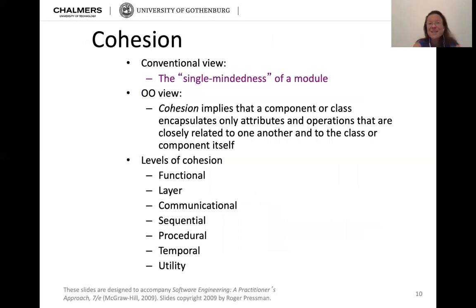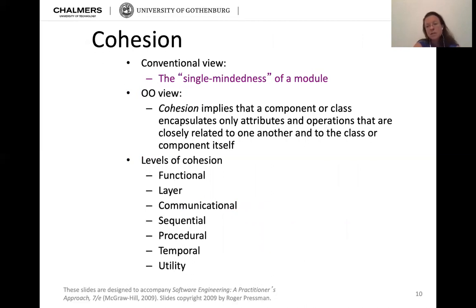Second to last, cohesion. The conventional view is the single-mindedness of a module. So one module has one purpose. And in object orientation, that's a little more detailed. It implies that a component or class encapsulates only attributes and operations that are closely related to one another and to the class or component itself.